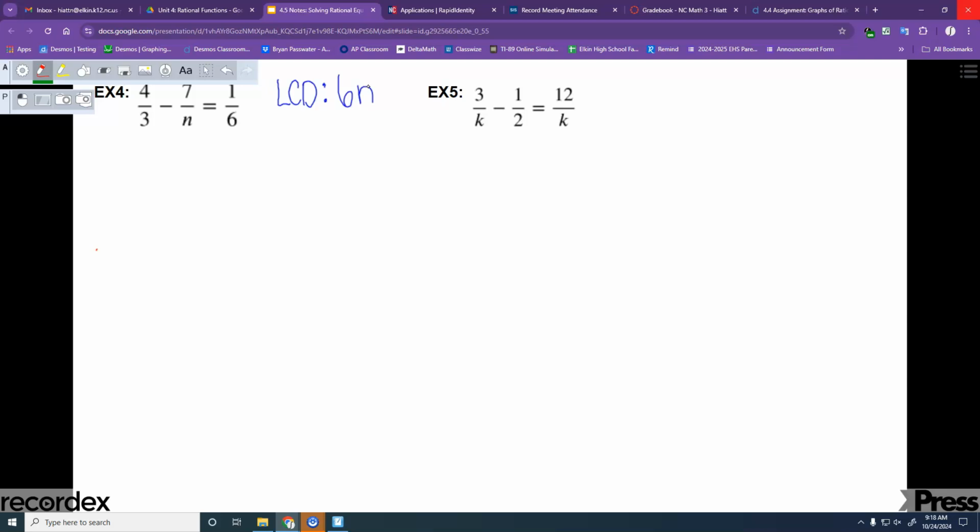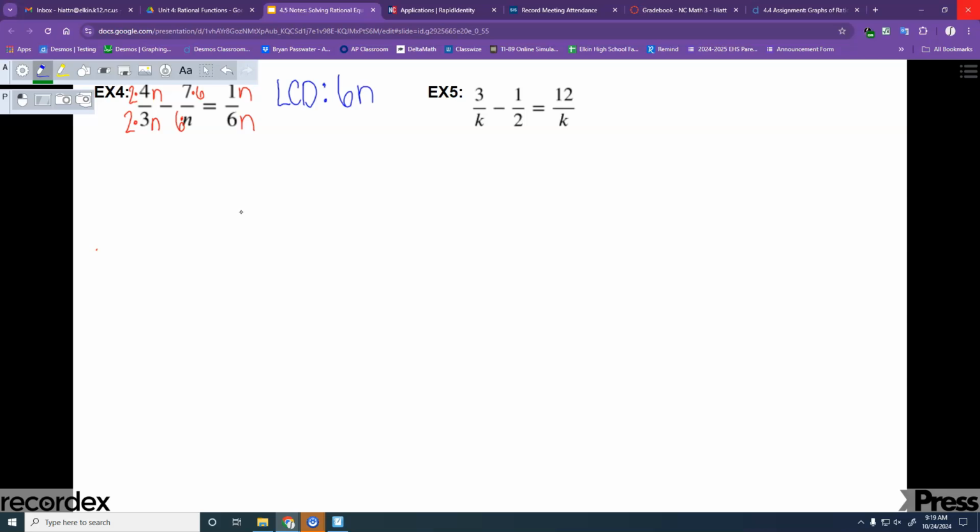I got to multiply it by a 2, and what else? An n. So I'm multiplying by 2 and n for that first one. For the second one, it is an n. What do I need to multiply by? 6. So I'm multiplying by 6. There. And for the last one, what do I need to multiply by? N.